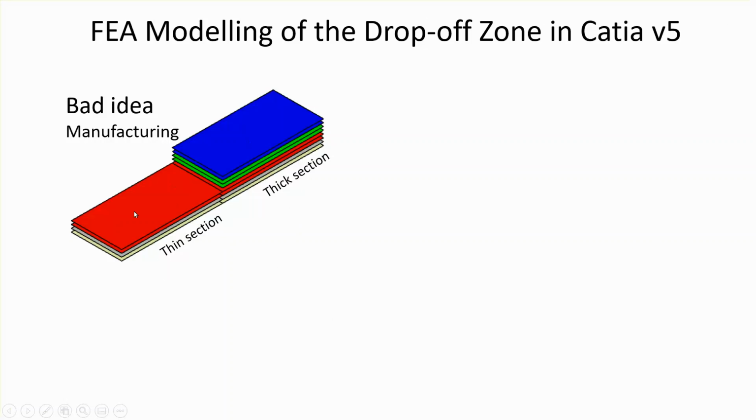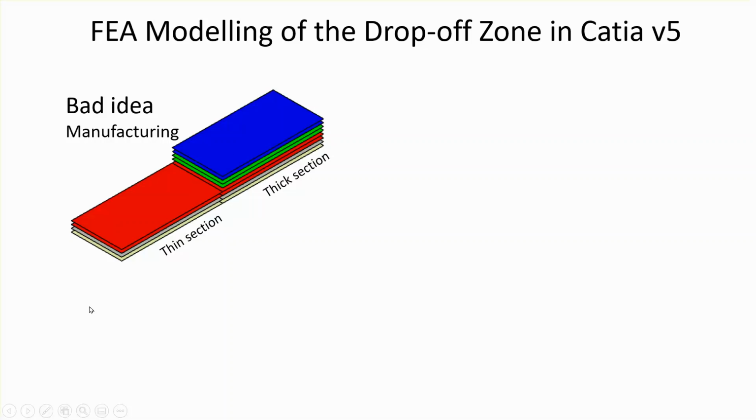In principle, you can manufacture something like this, so the thick section suddenly drops to the thin section, basically a discontinuity there. But this is a bad idea because at the seam, at the interface, right here, you may have a situation with delamination, prone to delamination, among other things.